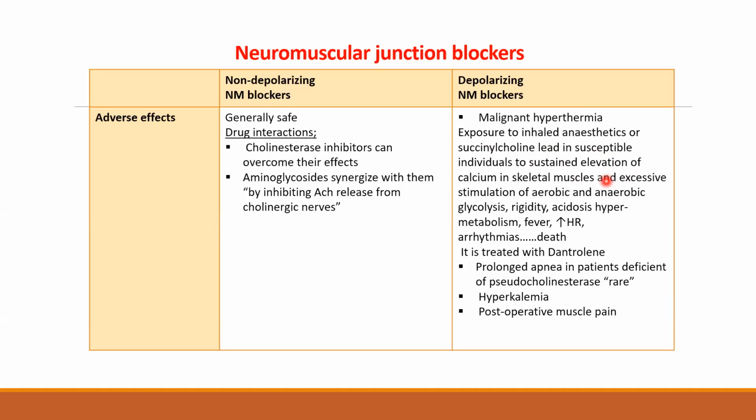So there will be a state of hypermetabolism or hypercatabolism, because the muscle might need anaerobic metabolism with generation of lactic acid and metabolic acidosis, and there will be muscle rigidity and stimulation of the sympathetic nervous system as a whole. And because this hypermetabolism generates heat, definitely the body temperature will be increased. In the worst circumstances, there will be rhabdomyolysis, DIC, some cardiac arrhythmia, and death.